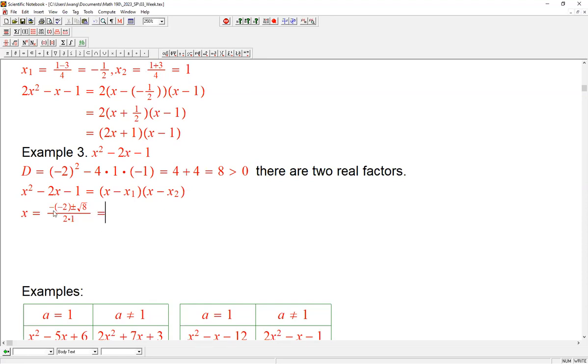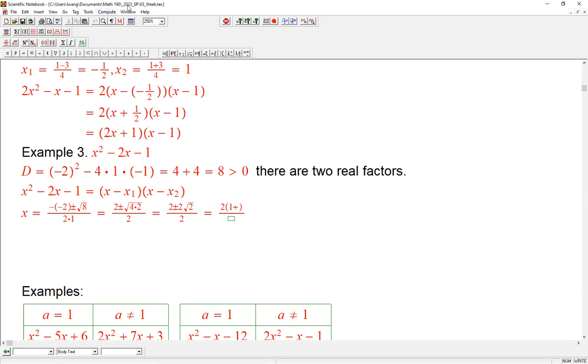And there we go. Negative minus negative 2 is a positive 2. Plus minus root 8 is equal to root 4 times 2, over the denominator 2. Root 4 is 2. Therefore, we can take 2 out of the radical. And we have 2 here, 2 here, and a 2 in the denominator. So we can factor the 2 out of the parentheses.